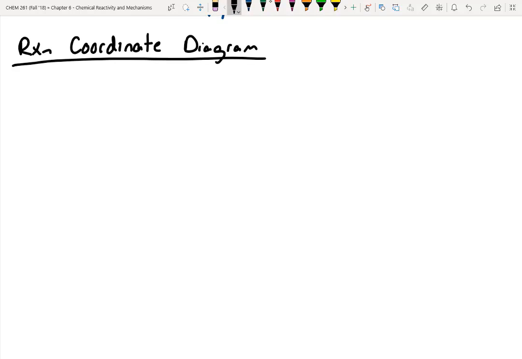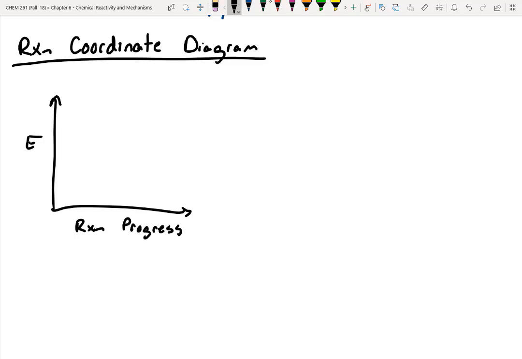All right, so on one scale we've got energy, and on the other we have reaction progress. And maybe you've got your starting materials that have some potential energy to them, right? There's always energy stored in bonds, so anytime you have starting materials, they've got some potential energy there. All right? And let's say you've got products that have less potential energy. Do you think this reaction will be spontaneous?